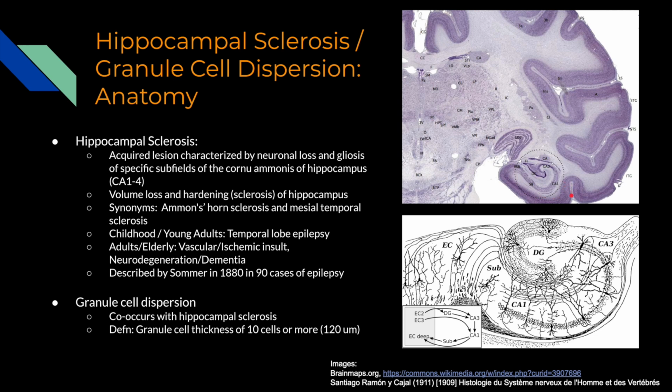And then you enter your collateral sulcus into the fusiform gyrus, which is the gyrus that's important for facial recognition, and I guess it's one of the early ones that becomes damaged in Alzheimer's along with the hippocampus, so you lose your memory and your ability to recognize familiar faces.